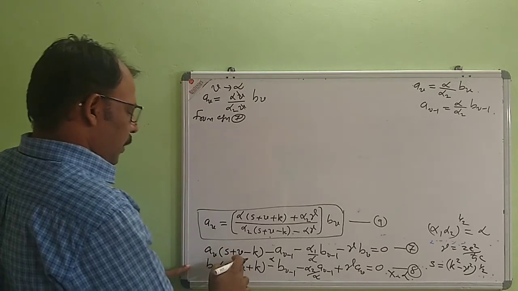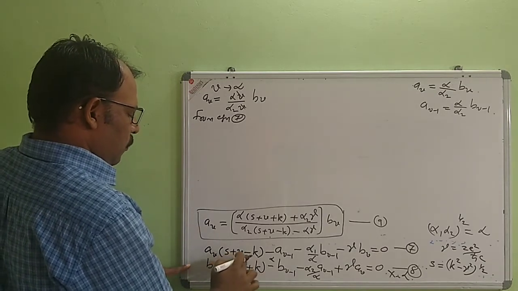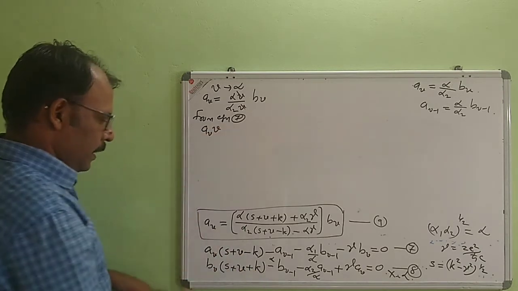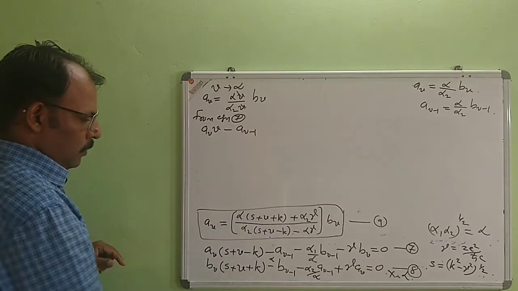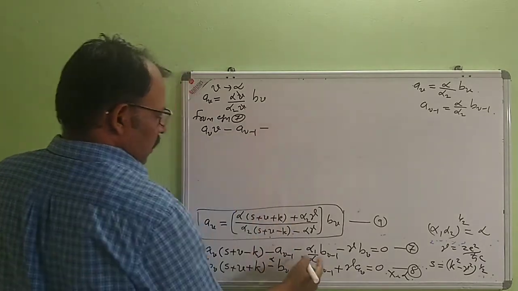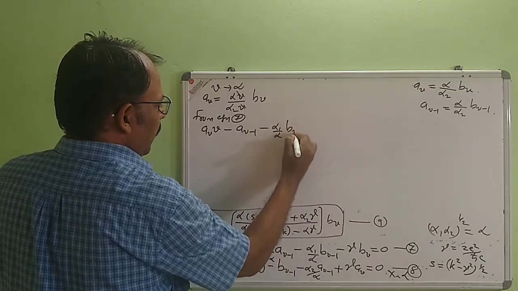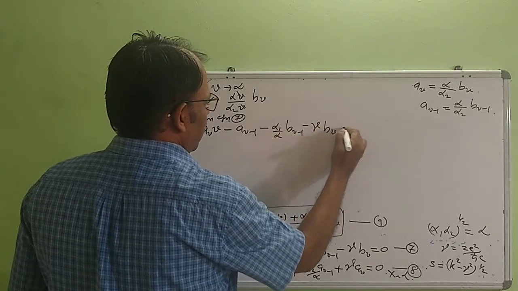V is very high compared to S and K. So this S plus V minus K will be V. So this term will be AV into V minus AV minus 1 minus alpha 1 by alpha BV minus 1 minus gamma BV equal to 0.